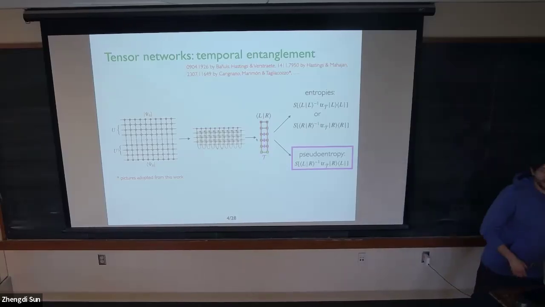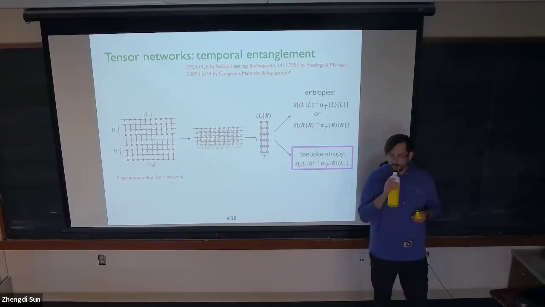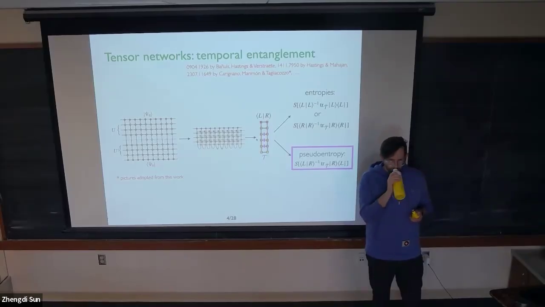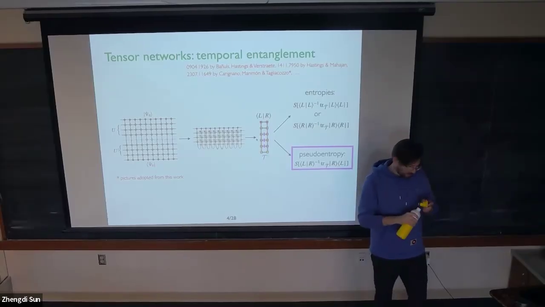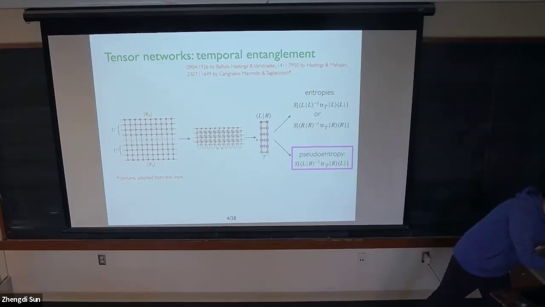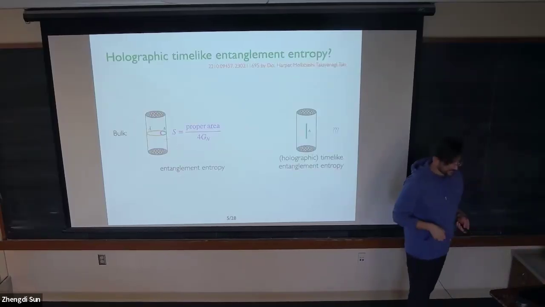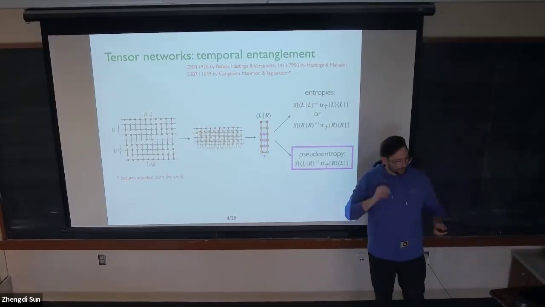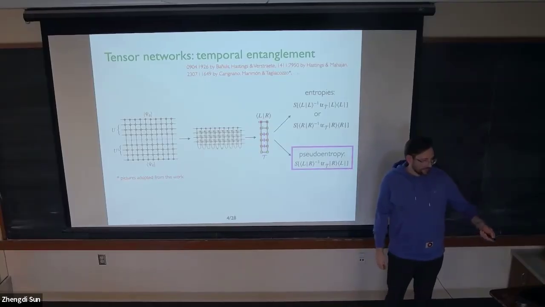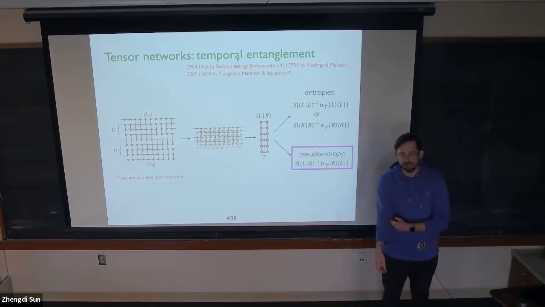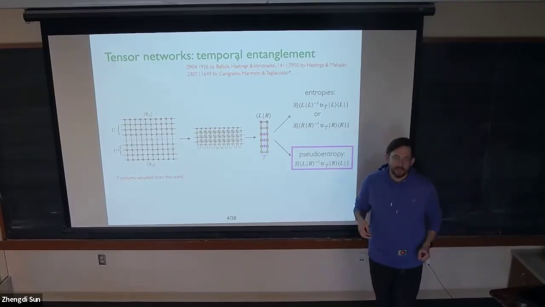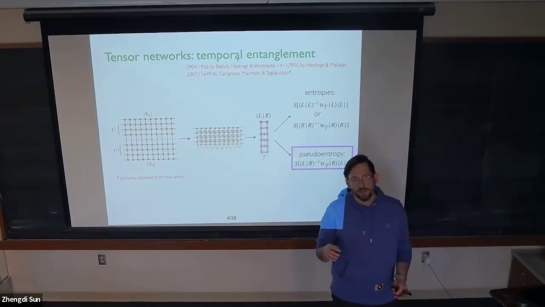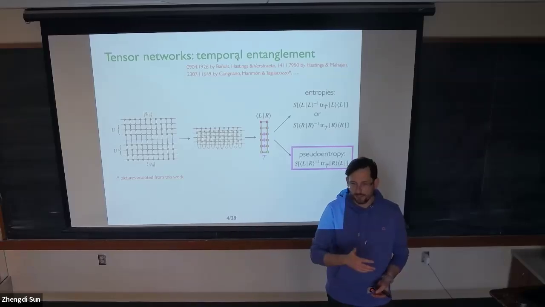Can you show that in the continuum limit of this tensor network these two quantities become the same? Let me see if I have a slide about it. No. So there were papers written by Luca Tagliacozzo and collaborators in which they took a particular spin chain that, tuned to criticality, gives rise to a CFT.